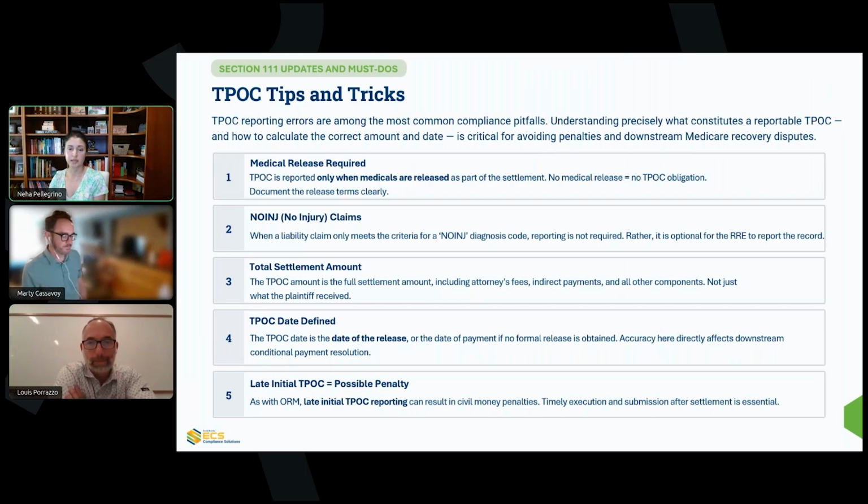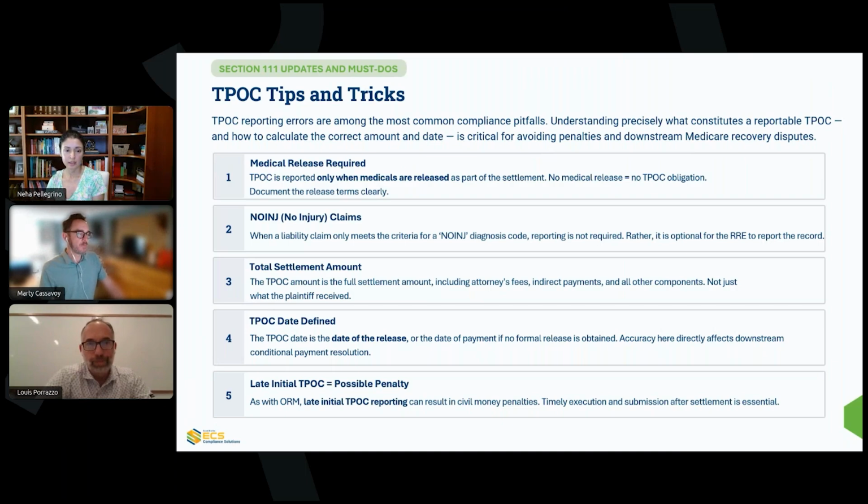The user guide states that while it's no longer required to report these types of claims, it is optional that the RRE can report the record with a no injury diagnosis code. So given that it's not required, our take has been that, to avoid unnecessary no injury submissions, we just recommend focusing on actual reporting requirements for injury-related claims.